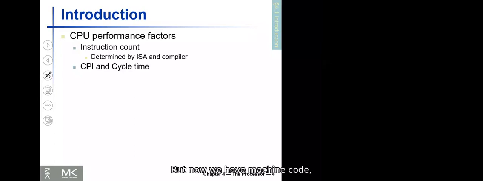But now we have machine code, we have instructions to be executed, and the CPI and clock rate depend on the architecture, the CPU hardware that we are going to build. And this is the thing that we are going to do now.